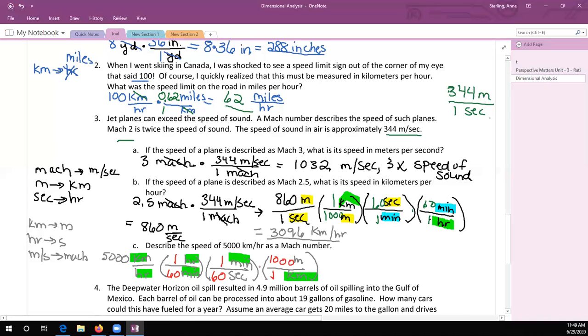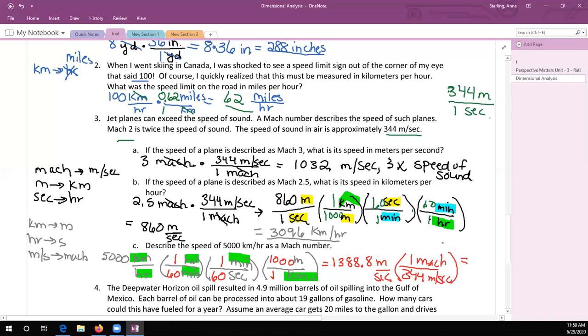So if you notice, we flipped all the conversions to go backwards. So that leaves me with a plane traveling 1,088.8 meters per second. And then a Mach number is 344 meters per second in 1 Mach.